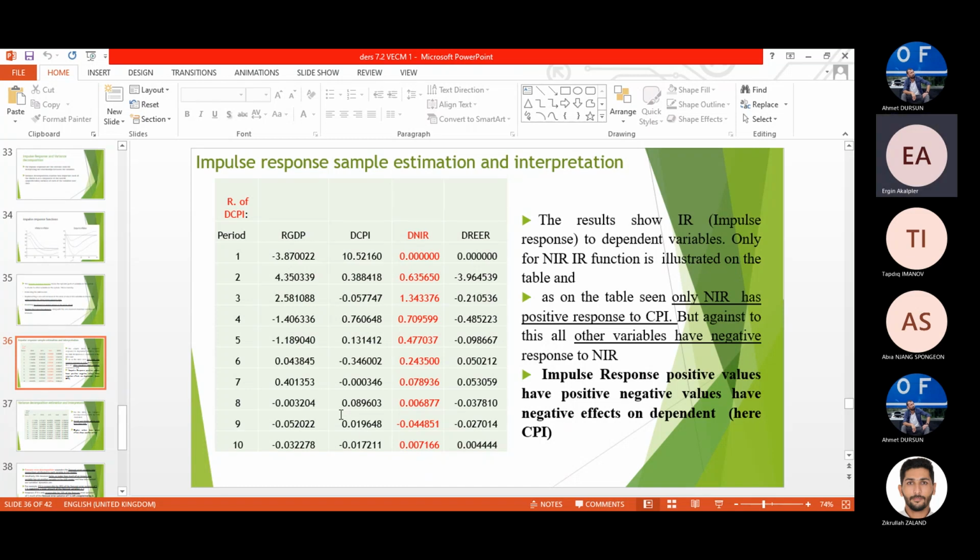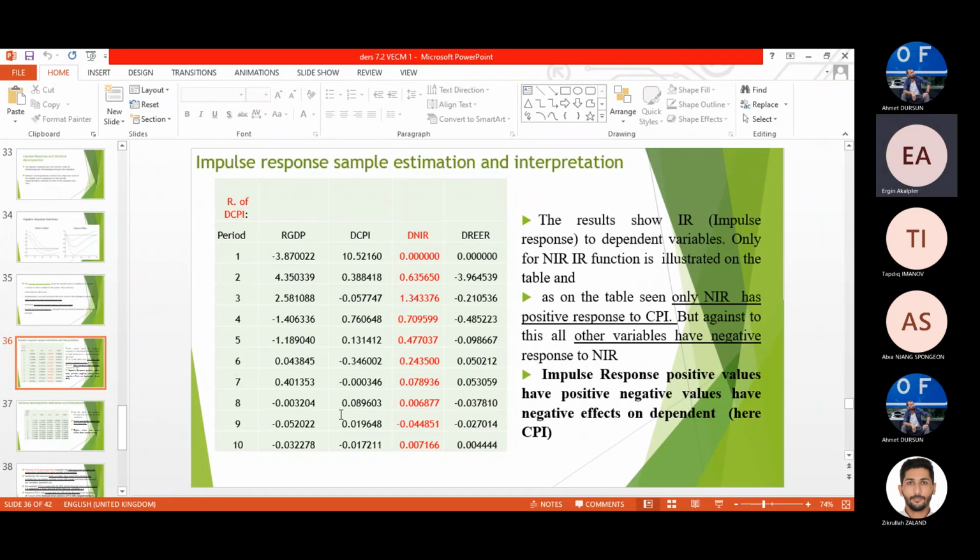Regarding the nominal interest rate, it has a positive impact because there is only one, while for the other variables there are more than three variables affecting and changing the consumer price index.